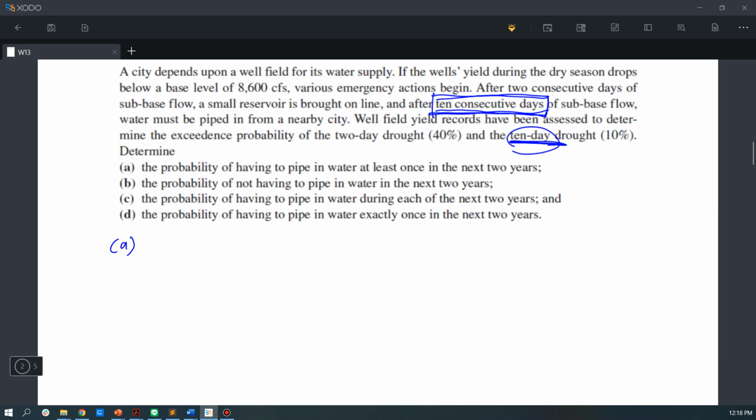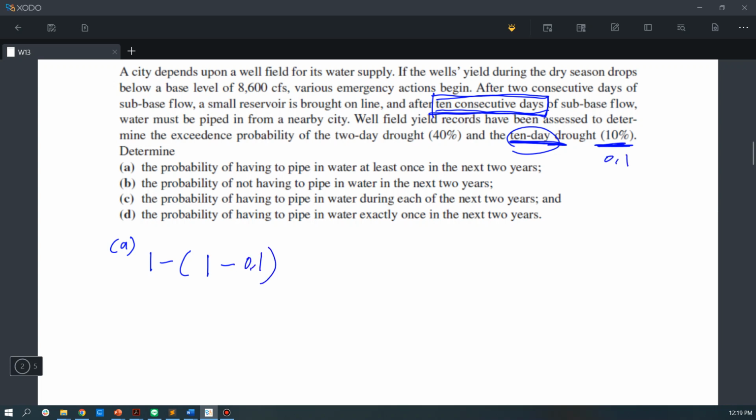Sub-question A asks for the probability of having to pipe in water at least once in the next 2 years. Following a similar concept from the previous problem, it's 1 minus the probability that we don't have to pipe in water in a year. So it's 1 minus this 10%, which is 0.1.